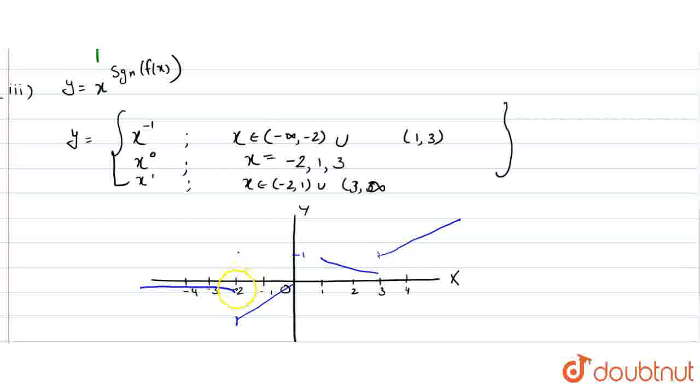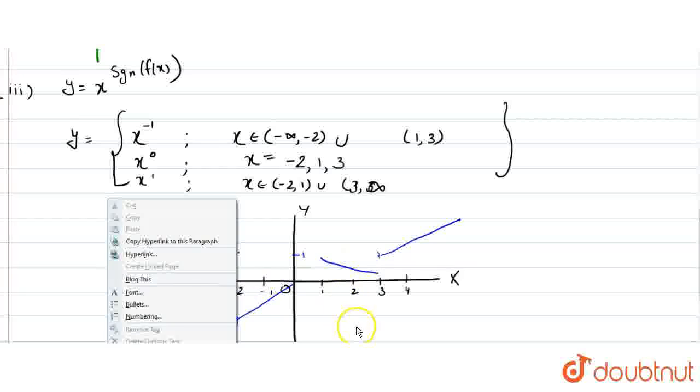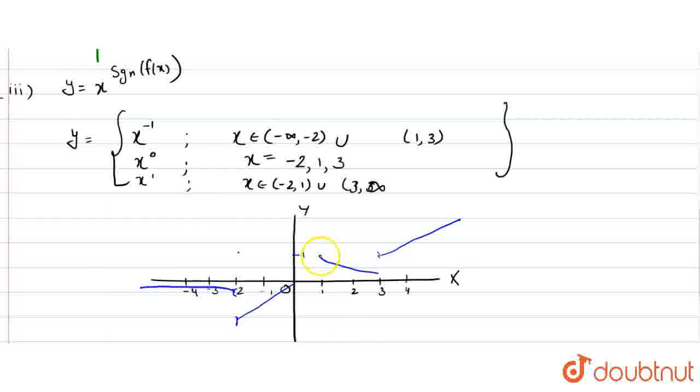Here it is open because at 2 it is this, and here also it is open. No, at 1 it is equal to 1, so no need to make it open here, but here it is. So it is a graph of y is equal to x to the power signum of f of x. Thank you. I hope you all got this question.